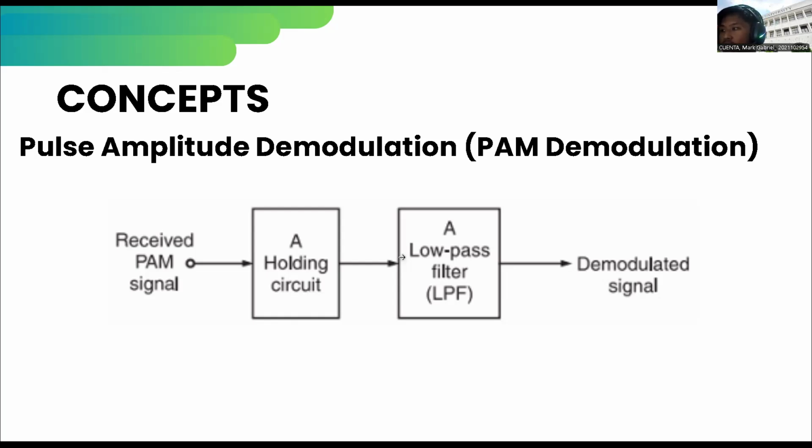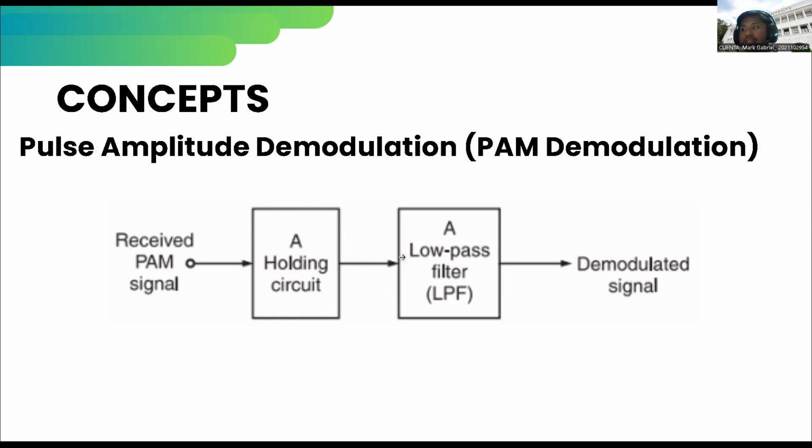By allowing only the lower frequency components, those that belong to the original message, to pass through, the filter gently reshapes the stepped waveform into a continuous smooth curve. The final output is the demodulated signal, which closely resembles the original analog message signal that was first fed into the PAM modulator.